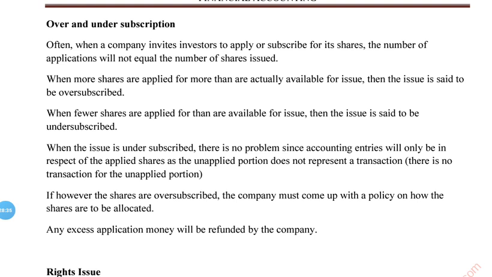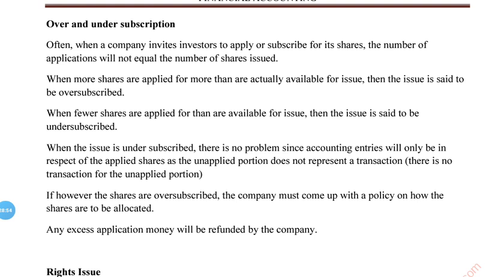That is what we call over subscription. The shares available in the market is 1 million, but the investors have applied to purchase 1.5 million. That is what we mean by oversubscription.